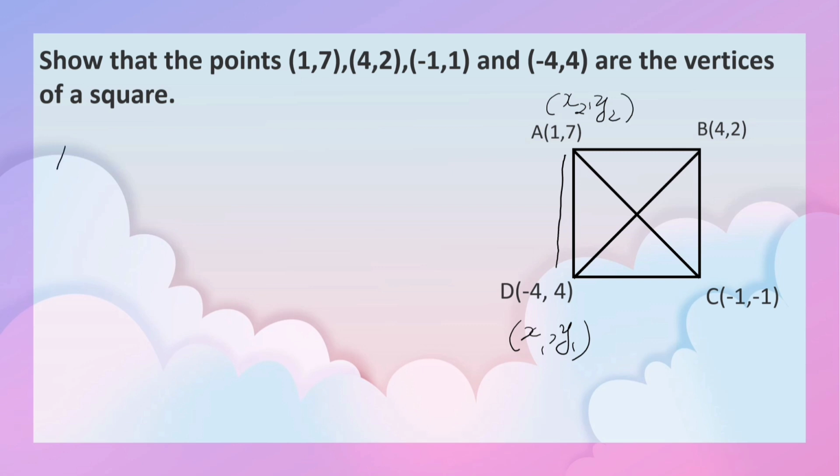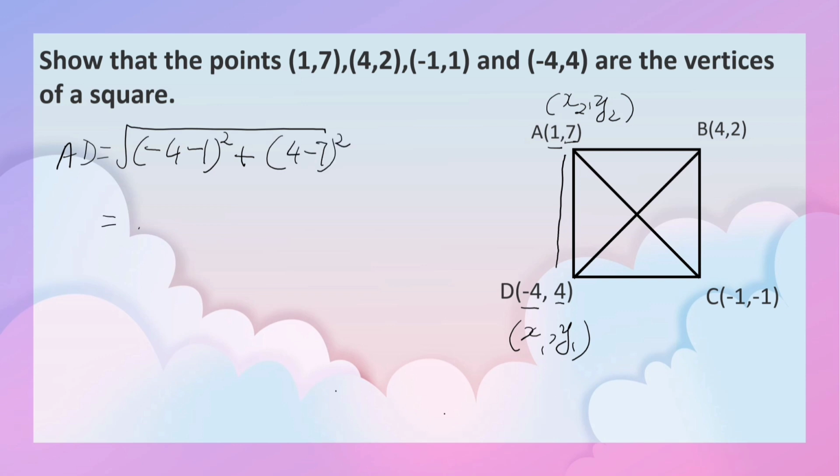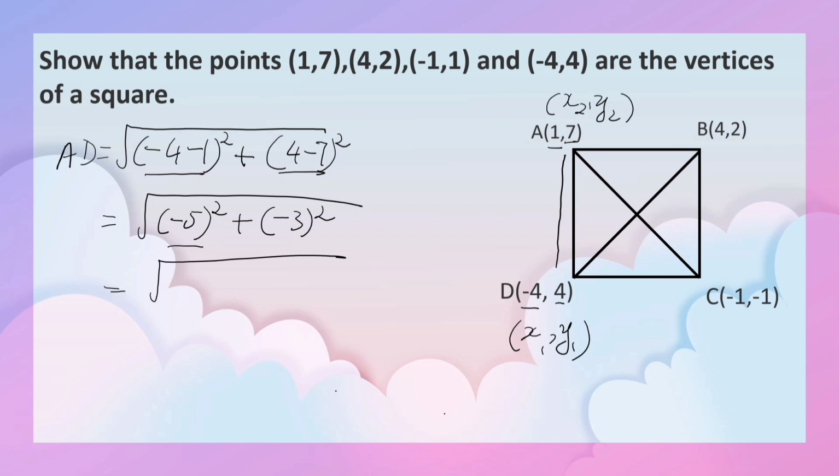So AD is equal to square root of (-4 minus 1) the whole square plus (4 minus 7) the whole square, that is equal to -5 square plus -3 the square, that is equal to 25 plus 9, that is equal to square root of 34 units.